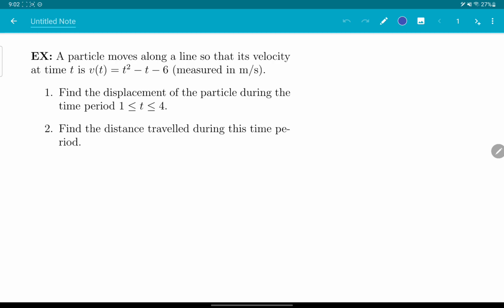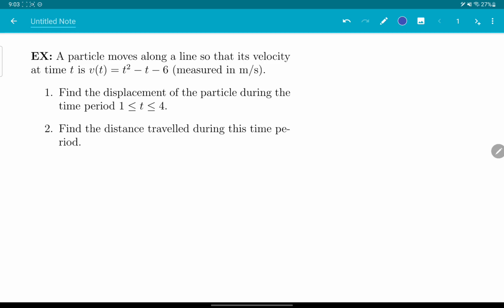Alright, so we are doing the velocity and displacement and distance type problem here. Now, let's do displacement first, of course. What is displacement? We've seen before that you can find an antiderivative of velocity to get displacement.